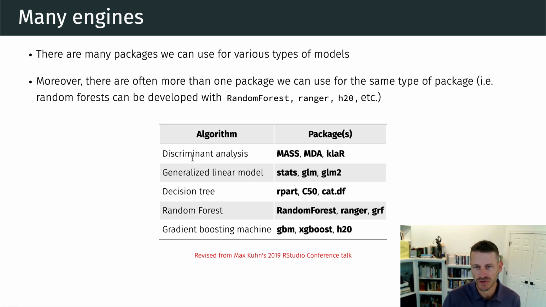For example, discriminant analysis can be performed using the MASS package, the mda package, or the klaR package. Generalized linear models can be implemented with the stats package, the glm package, the glm2 package, and so on. Random forest could be implemented with the randomForest package, the ranger package, grf, and so on. So we have many different packages that implement the same type of algorithms.